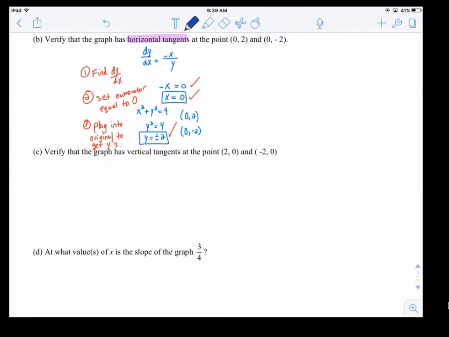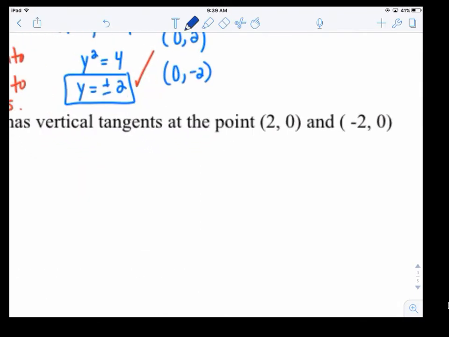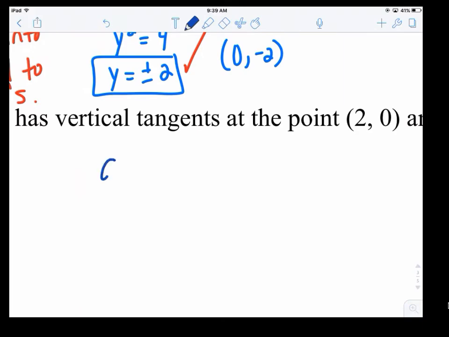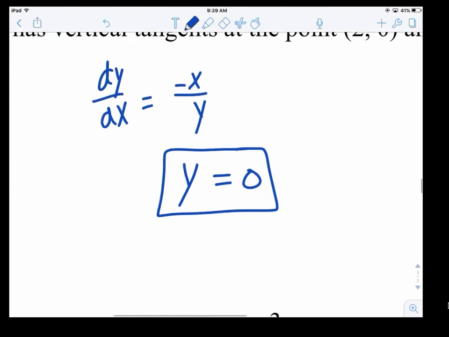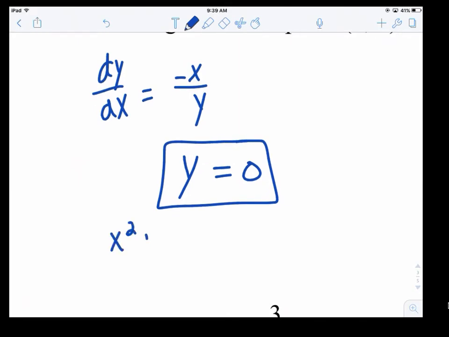All right, so verify that the graph has vertical tangents at (2, 0) and (negative 2, 0). So again, we have dy over dx is negative x over y. And now what piece do I want to set to 0? The bottom, right? So y is equal to 0. So that makes x squared plus y squared equals 4, so x squared equals 4.